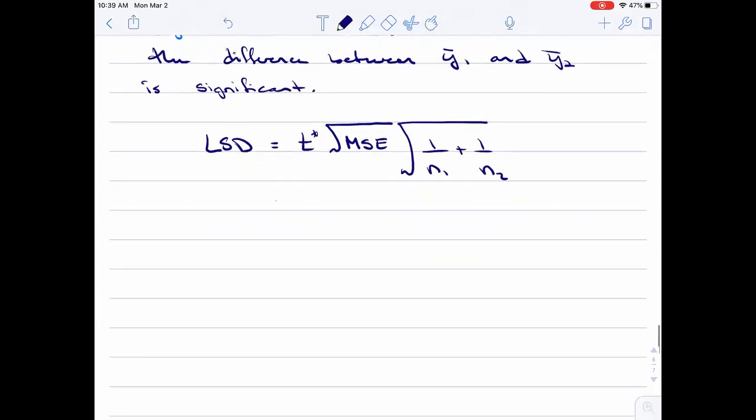We could also write this as T star times the standard error, because the standard error is the root mean squared error times the square root of 1 over n1 plus 1 over n2. I wrote that down yesterday, and then I was like, I should check that in the textbook just to make sure that I'm not lying. Isn't that nice? It's true.